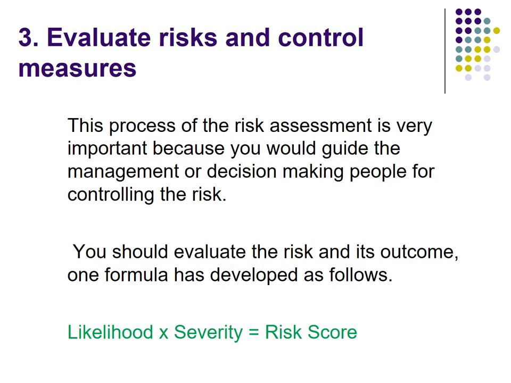Number 3, evaluate risks and control measure. Okay, this is a very important part, to evaluate the risks. This process of the risk assessment is very important because it will guide the management or the decision making people for controlling the risks.